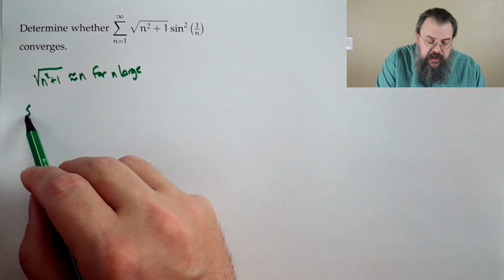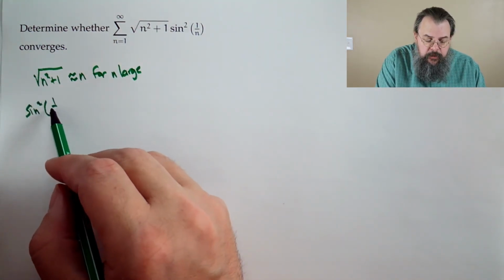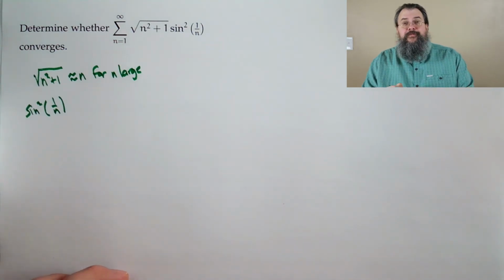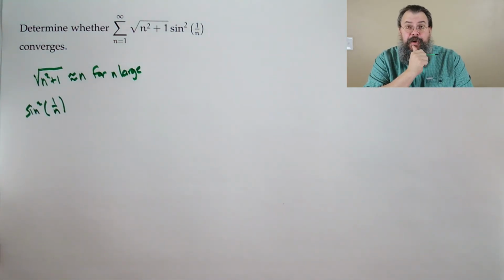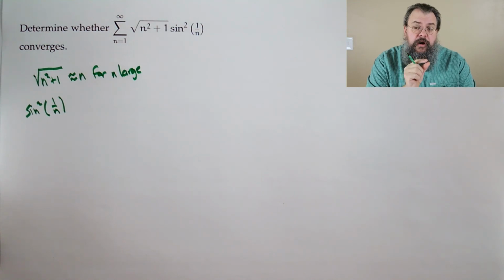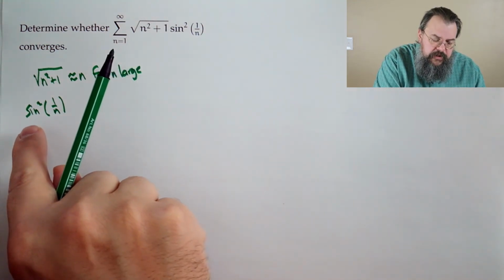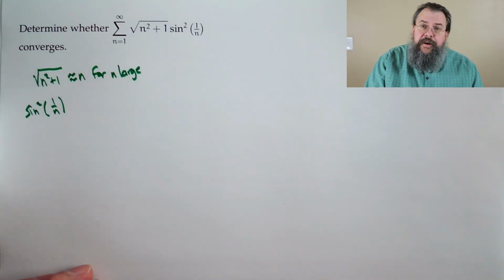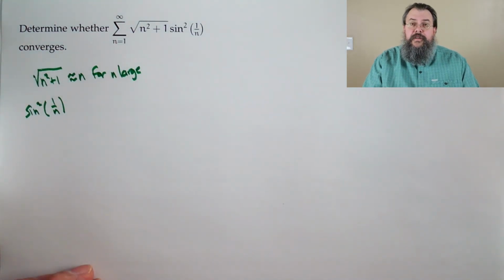Now what about sine squared of 1 over n? What is that doing? Well, one thing to think about is what's happening here. 1 over n is very small. So it's like we're trying to understand what's happening to sine squared when we plug in small values into the function.